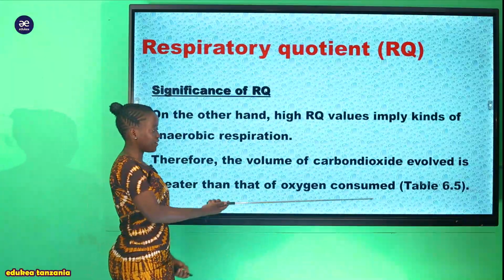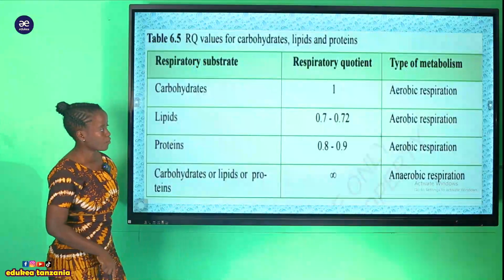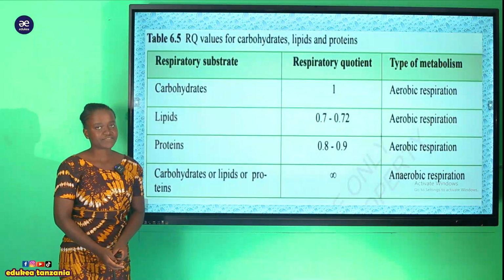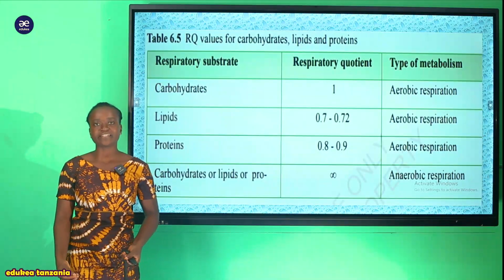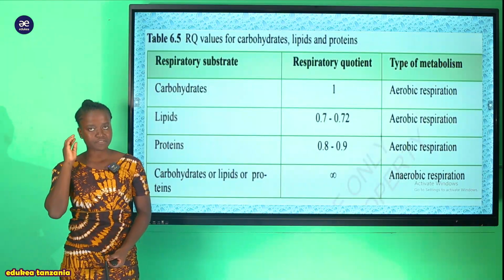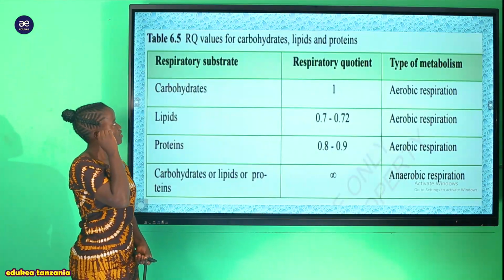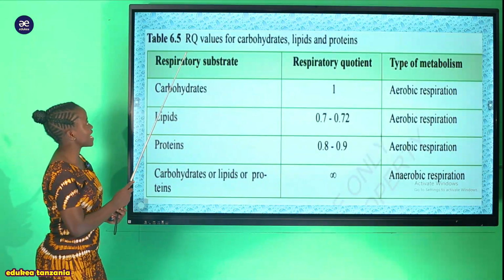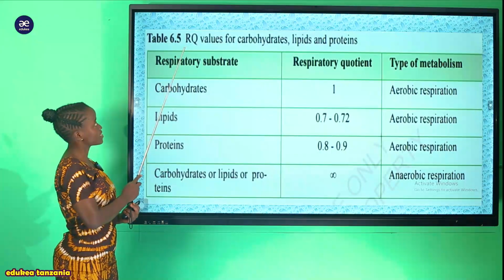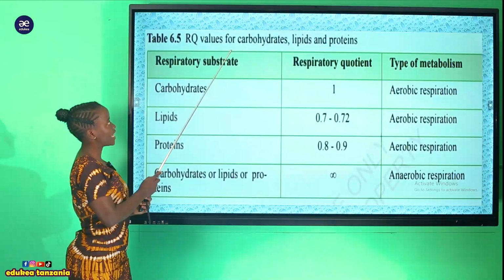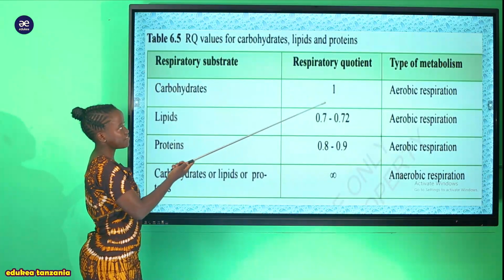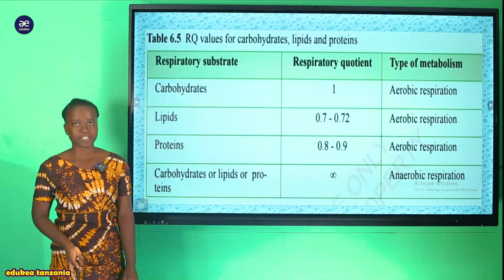And therefore now let's see this table, which depicts the real meaning of the RQ value in each respiratory substrate. So now, as you can see here, this is our table 6.5, which shows the RQ value for carbohydrates, lipids, and proteins.